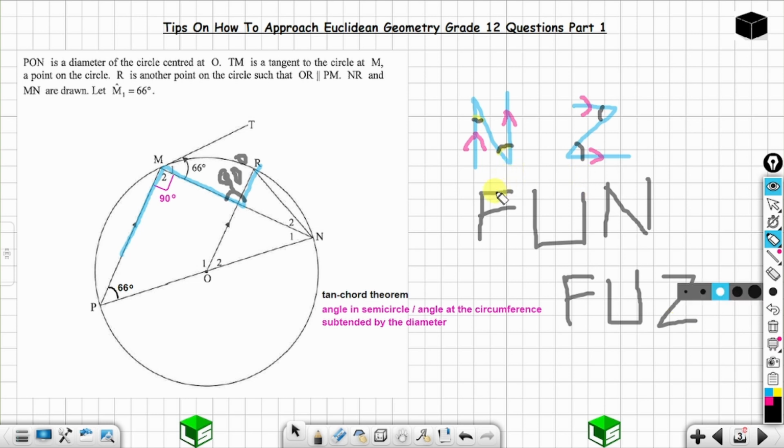So this line is parallel to this line, this angle is equal to this angle. This line is parallel to this line, this angle plus this angle is equal to 180 degrees. Or if you have N, this line is parallel to this line, this angle is equal to this angle. So depending on how you look at the diagram.